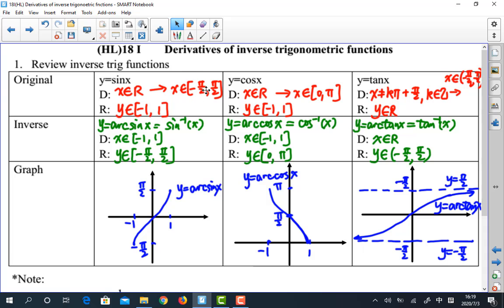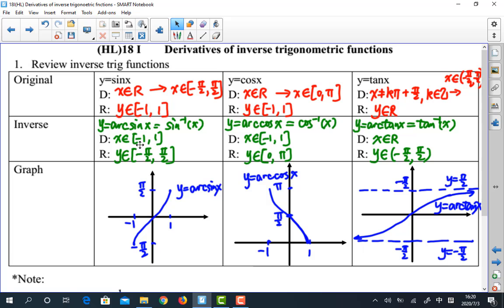So I hope that you remember we take negative pi over 2 to pi over 2 closed interval as the restricted domain when we define the sine inverse function. Based on this domain, we can keep the range, -1 to 1 closed interval, the same. Based on this domain, we define y equals arc sine x or sine inverse x.